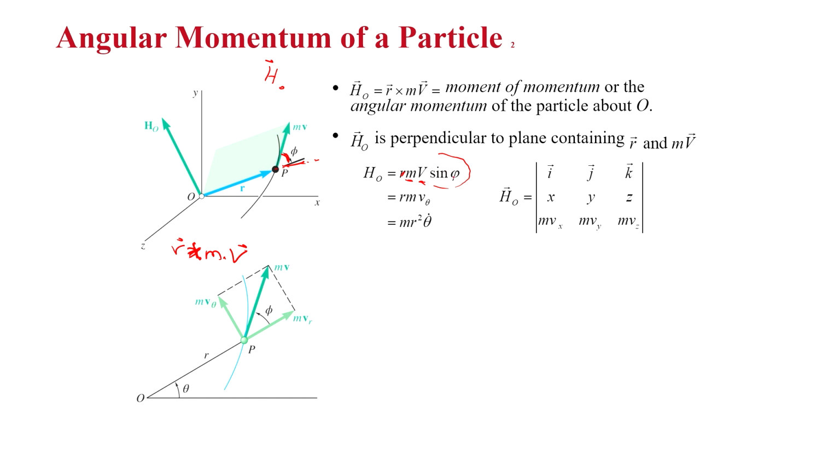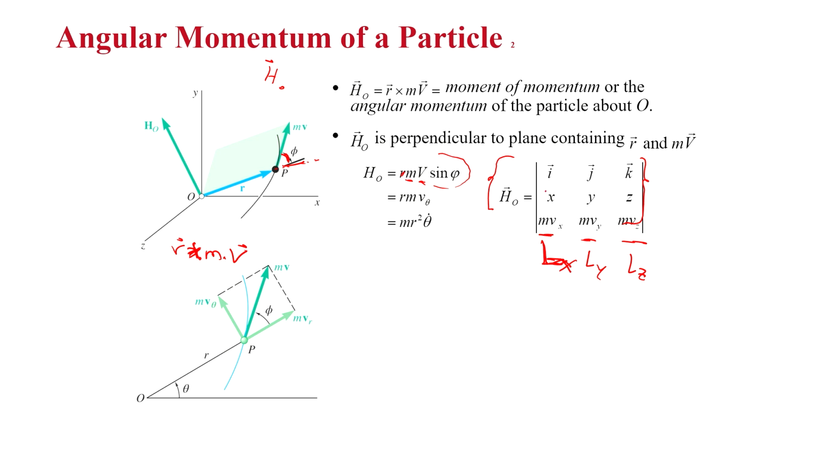Sometimes the angle is not known, so what we do is compute this product using vectorial products. This is the cross product, remember? So i, j, k for the x, y, and z coordinates, x, y, z is the point of the distance, and the momentum components Lx, Ly, Lz. I apologize, this is supposed to be Lx.